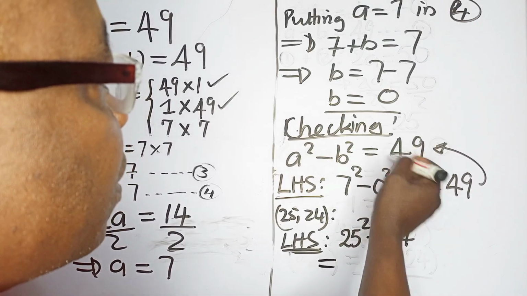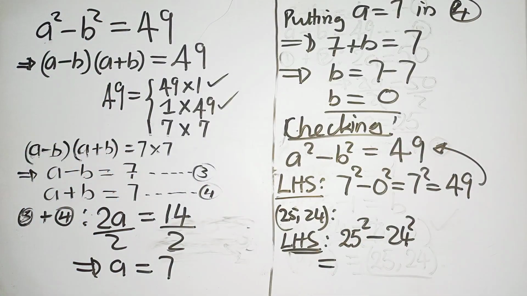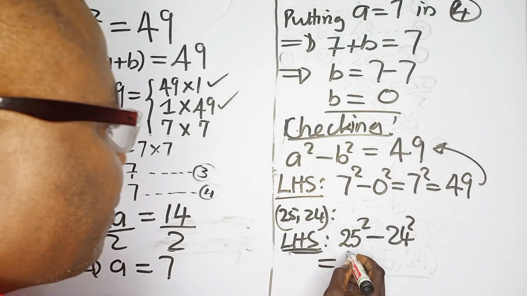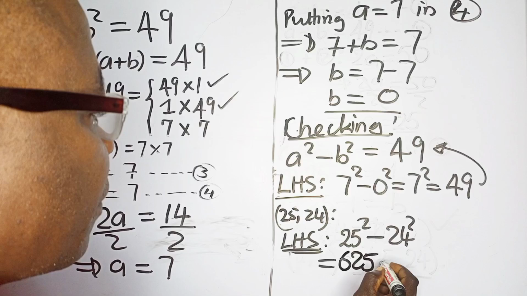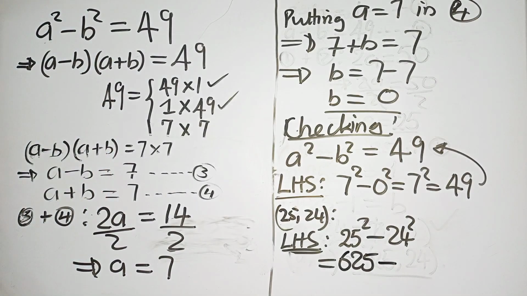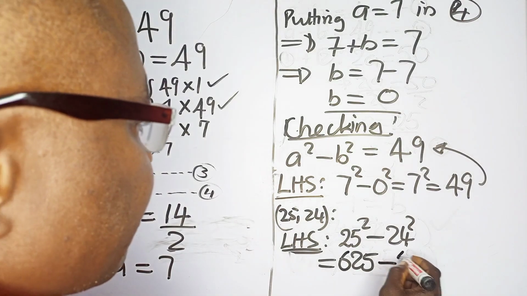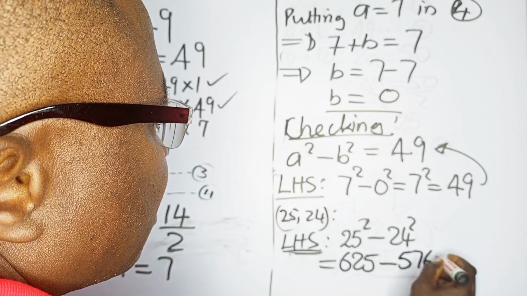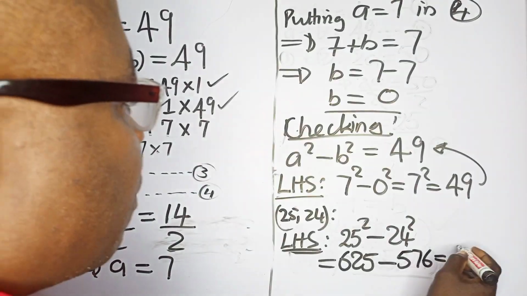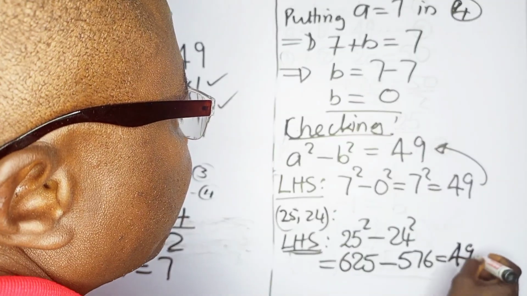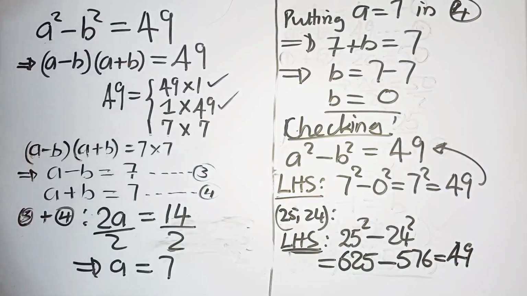Do we obtain the value of the right hand side? 25 squared we found to be 625. 24 squared is 576. Now, if we do that subtraction, we're going to obtain 49, which is our right hand side. Therefore, the solution 25, 24 is also correct.